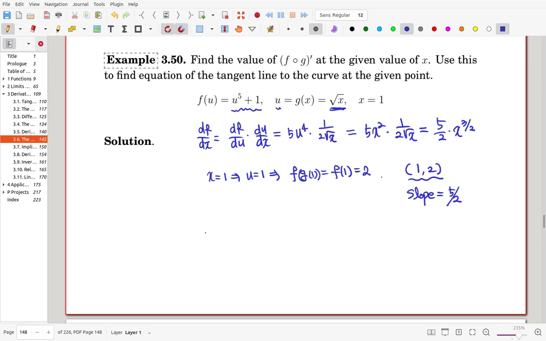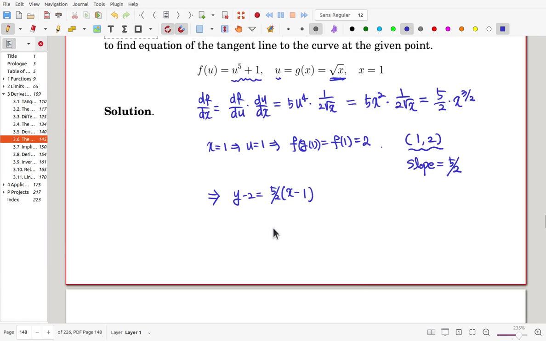So the equation of the tangent line can be given in this way: y minus y0, so y minus 2 equals the slope 5 over 2, times x minus x0, which is 1. Okay, this is the answer.